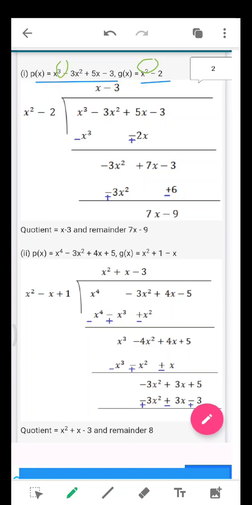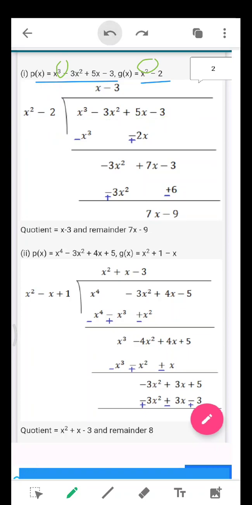So g of x is the divisor and p of x is the dividend. You cannot redivide in the reverse order.